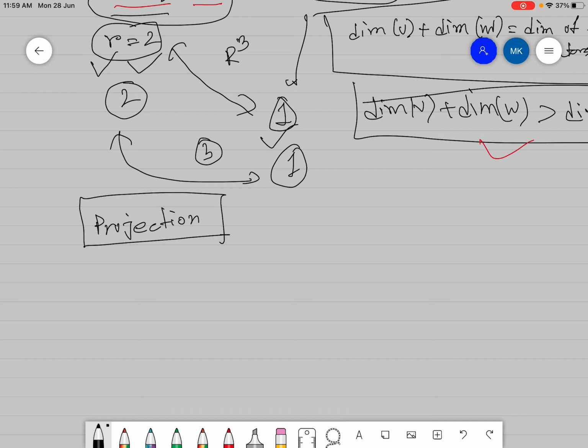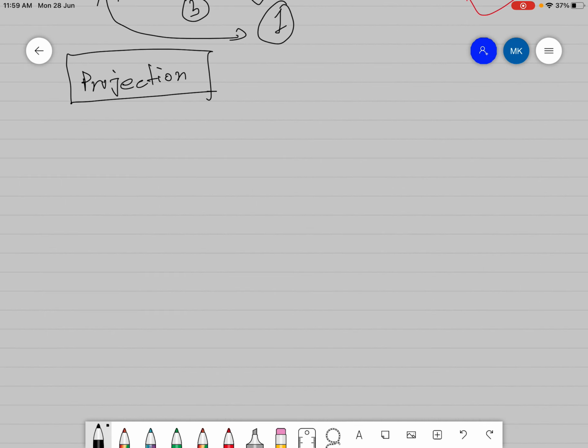I have two questions which I'll be discussing; for these questions I'll take answers from you in the next class. Let's say you have a 3D vector space, and let's say you have a vector b, let's say b equals 2, 3, 4. So what are the projections of b onto the z axis and the xy plane?